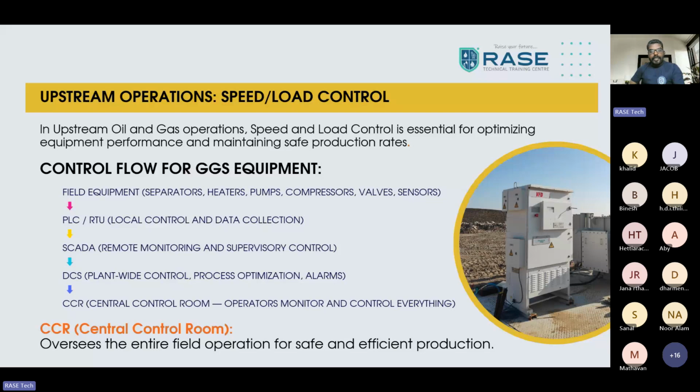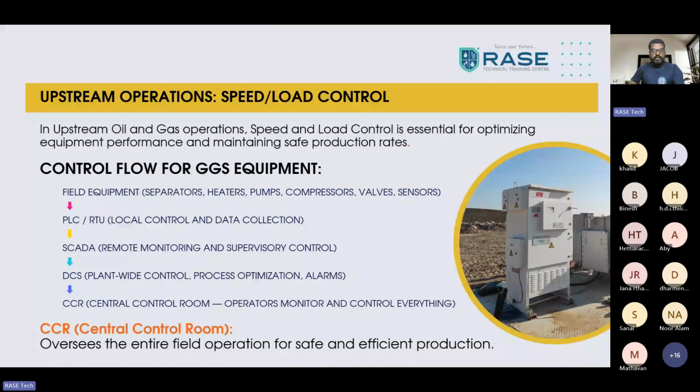They will collect the data from your equipment and give it to SCADA. SCADA provides remote monitoring and supervisory control. Then SCADA will connect with the DCS system. So multiple different activities can be controlled by a single DCS.